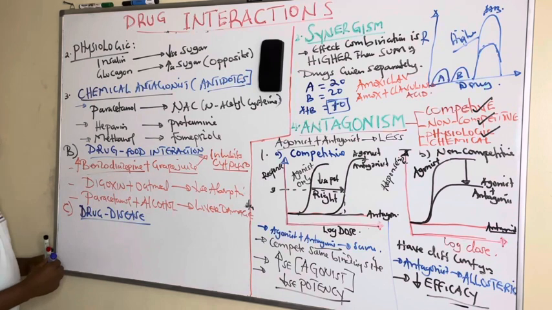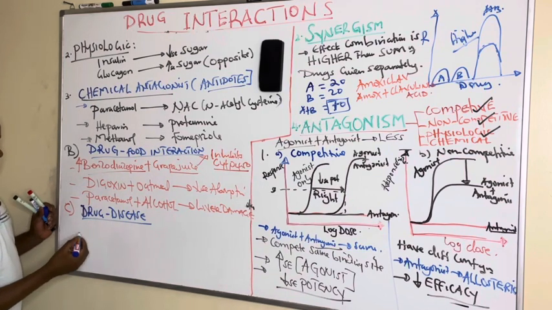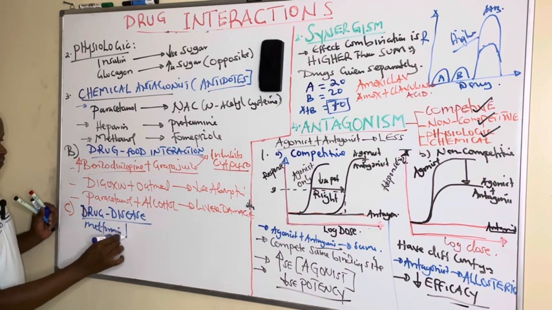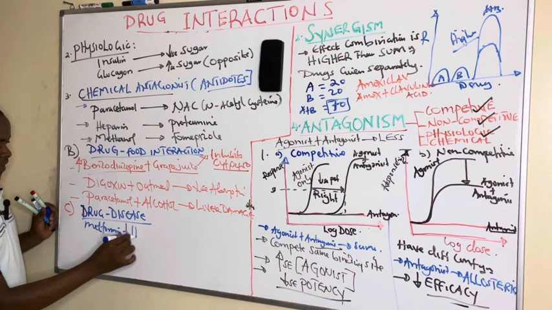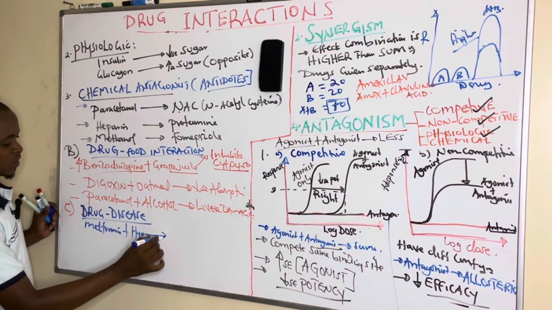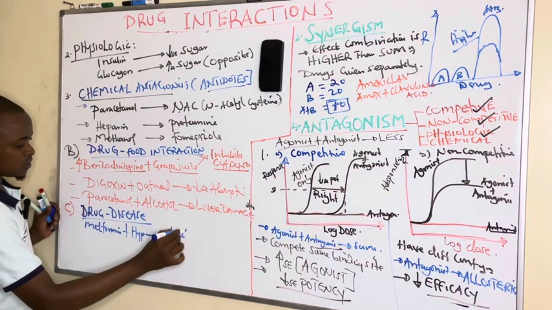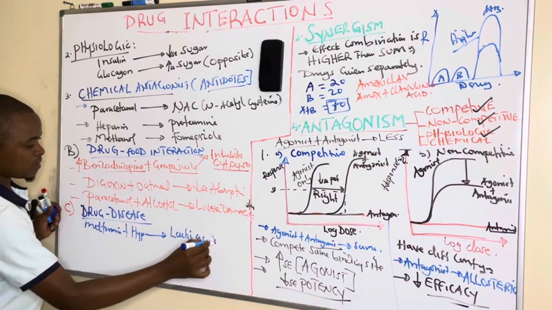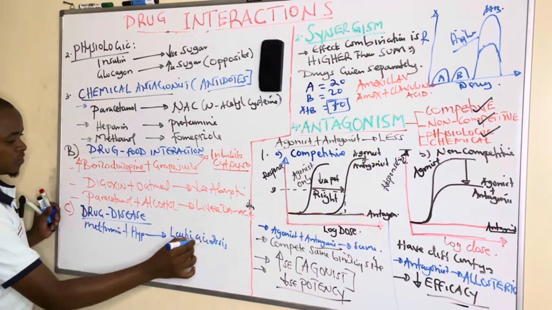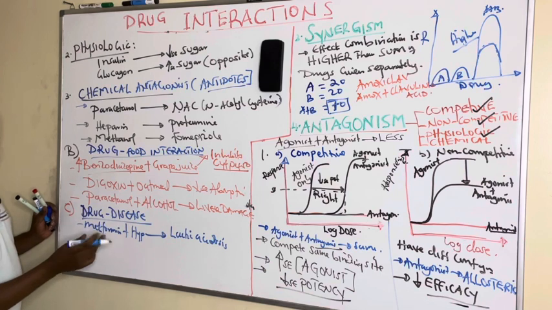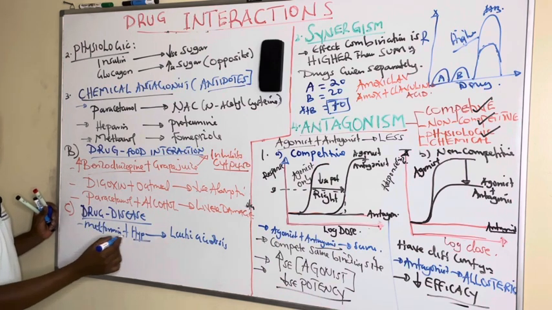For example, when someone is diabetic and at the same time hypertensive, and you give metformin, in hypertensive patients this results in what we call lactic acidosis, which can lead to coma and death. So it should not be given in people with diabetes who are also hypertensive.